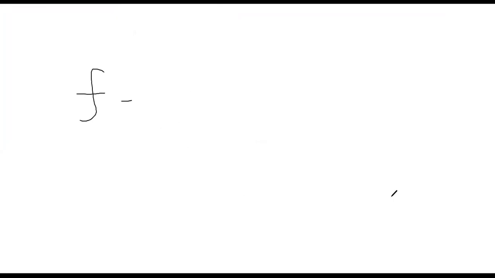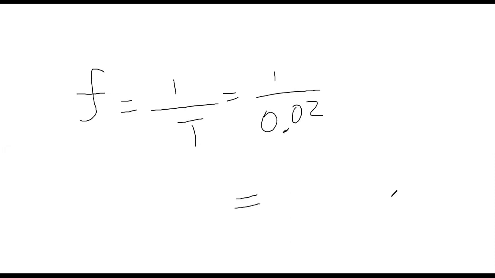So it's going to be 1 over 0.2 seconds. When you work that out on a calculator, how much do you get? 50. Good. 1 divided by 0.2 is 50. So your answer is 50 hertz.